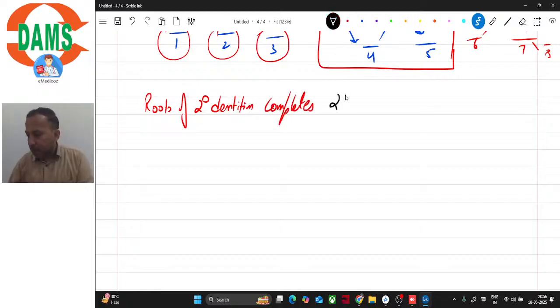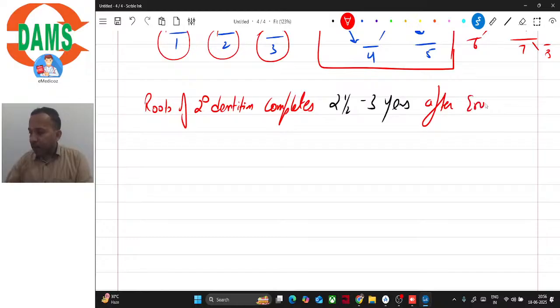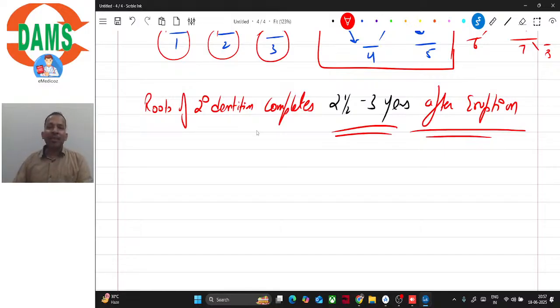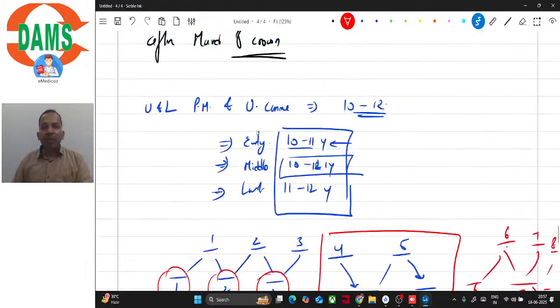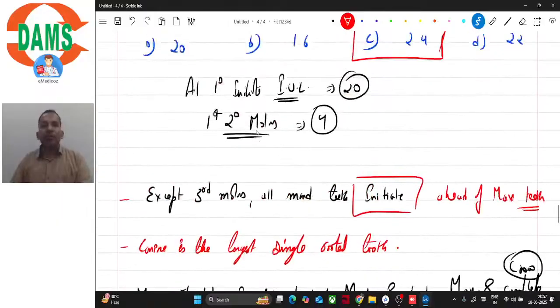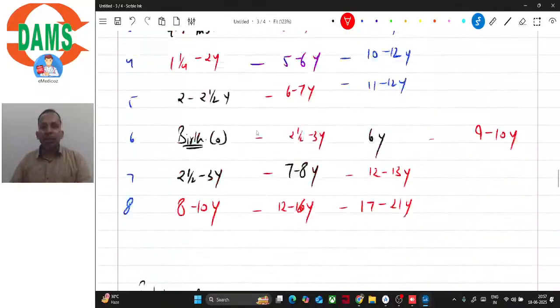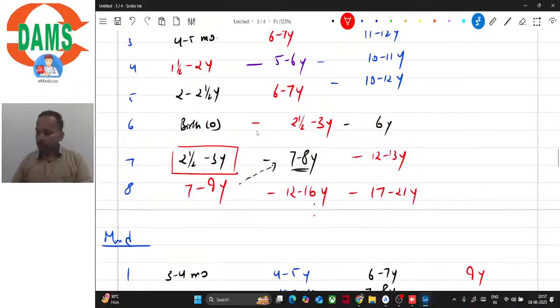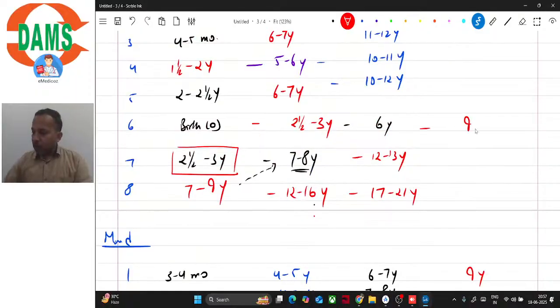So we just add these many years to their eruption dates, and that's how you can get their root completion dates. So 9 to 10 years is for the first molar.